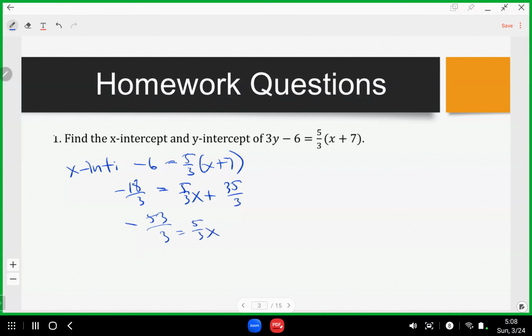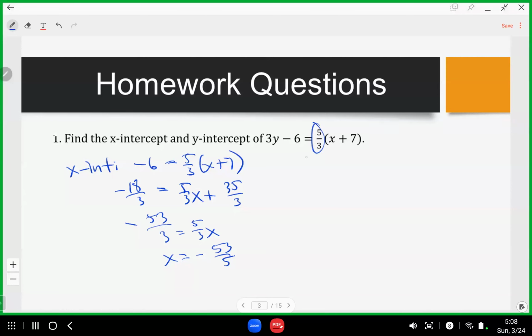And then you can just flip the fraction. Now x is equal to negative 53 over 5. You could have done it any other way, you could have done this first. A lot of different things you could have done, but you should have gotten negative 53 over 5.